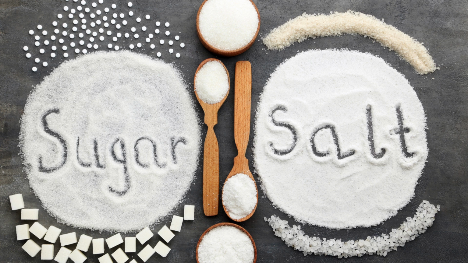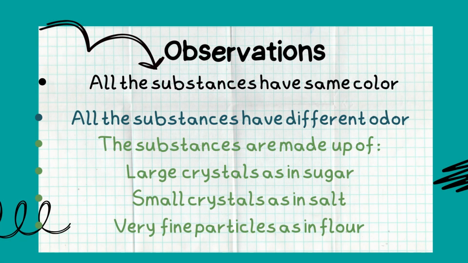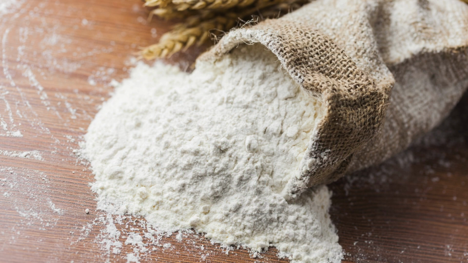So sugar and salt are made of crystals, but the difference is that sugar has large crystals and salt has small crystals. But when we examined the flour, we saw that it consists of very fine particles. It isn't about crystals.